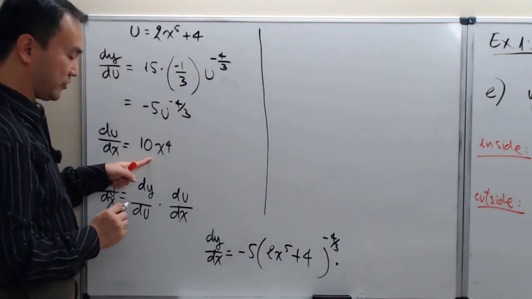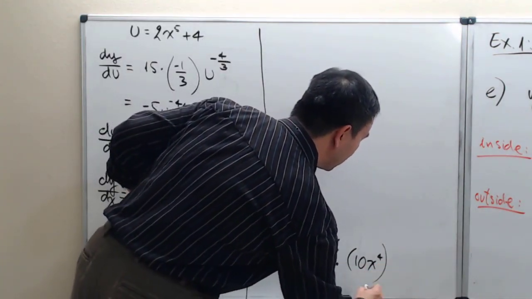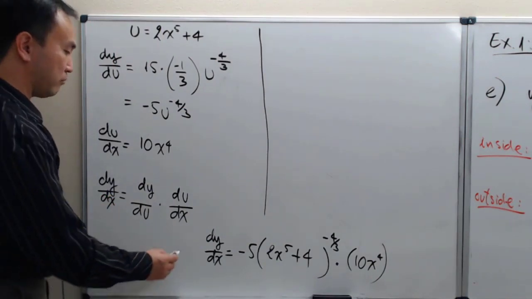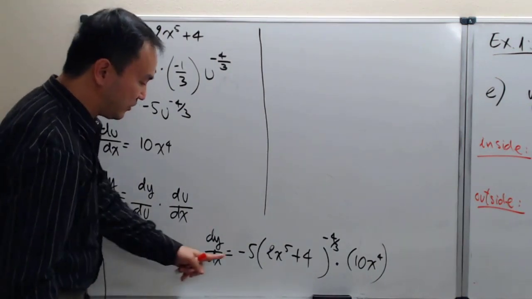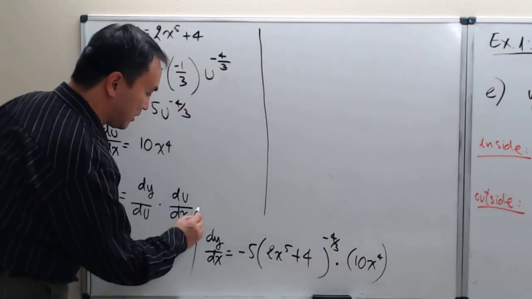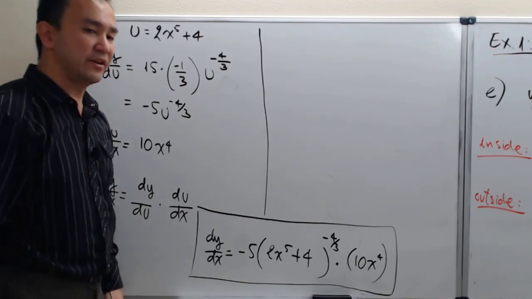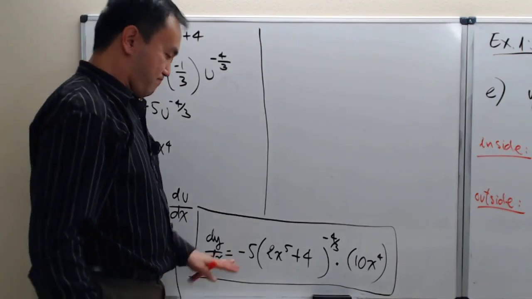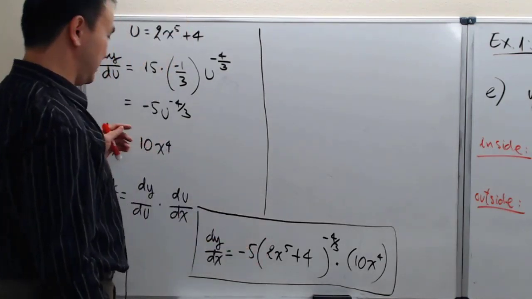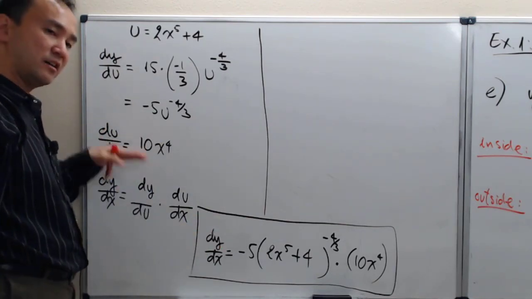The inside function's derivative is right here, 10x to the 4th. Then that completes our final derivative. You can also multiply these two coefficients as well, but it's not too important to carry it out or not. So that's the answer, and how I got to that answer is based on this style of presenting my steps.